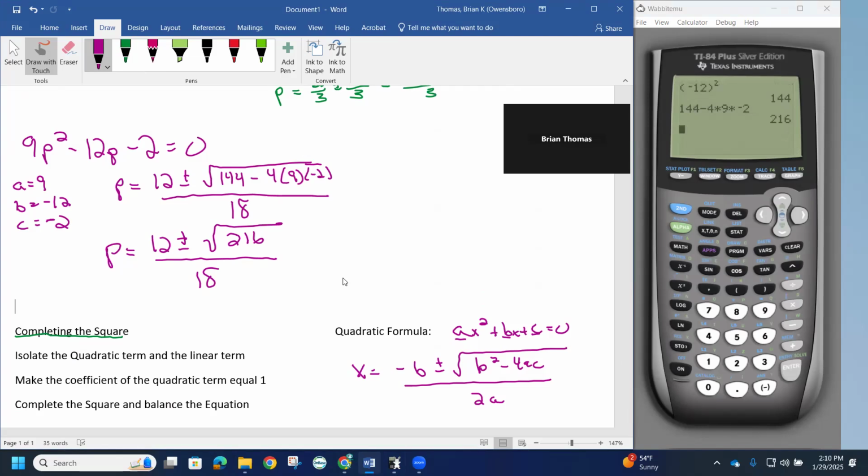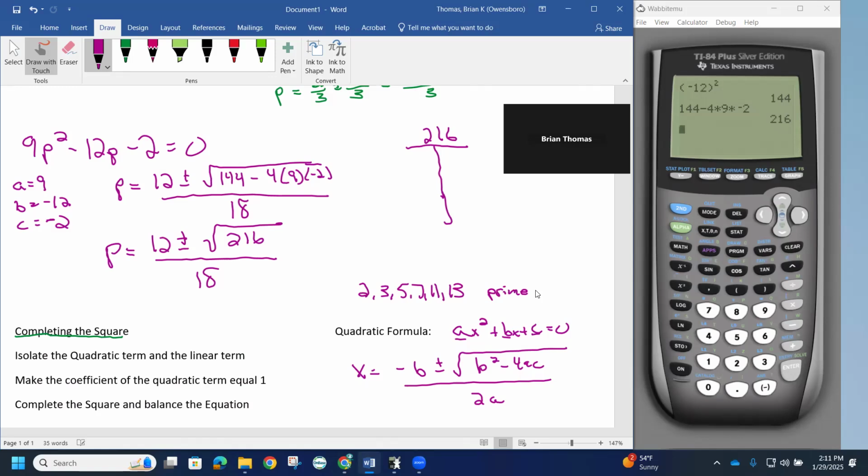Now, to simplify this, we actually have to simplify the radical first. To simplify the radical, we can use a prime factorization. So I'm going to put the 216 up here, and I'm going to use what's called a prime factorization. Remember, our prime numbers are 2, 3, 5, 7, 11, 13. Those are our prime numbers.